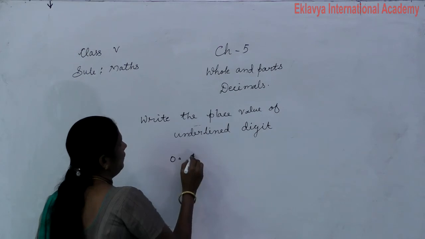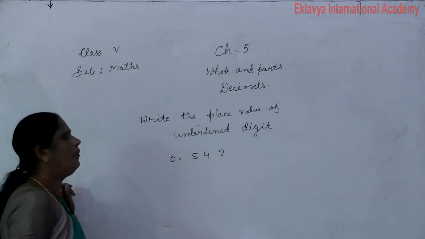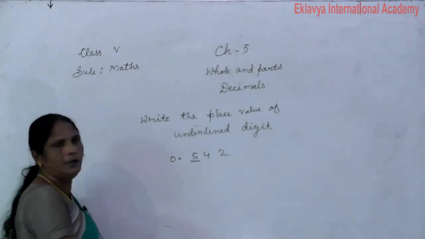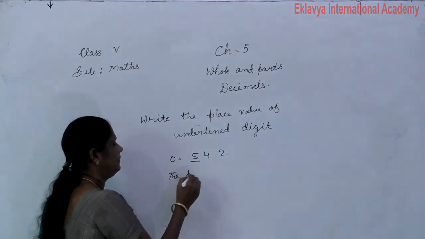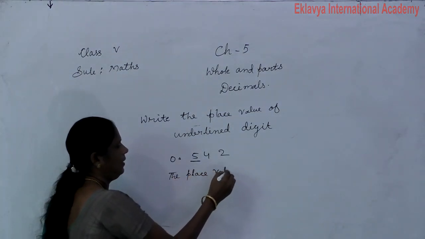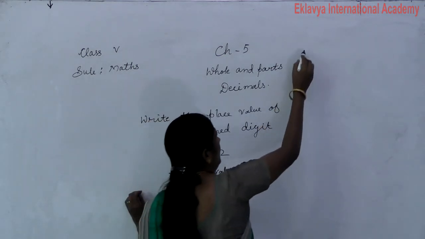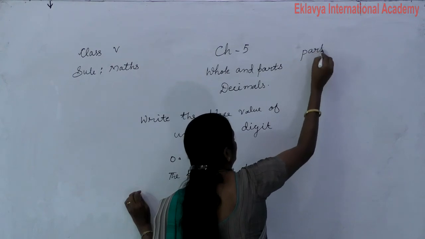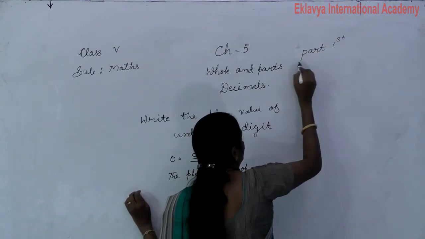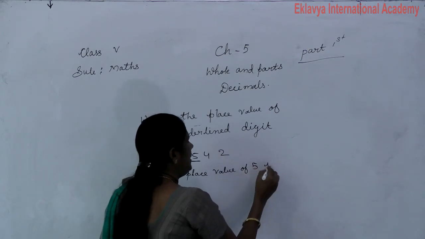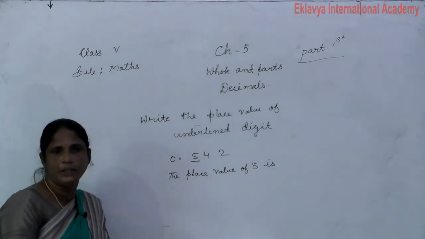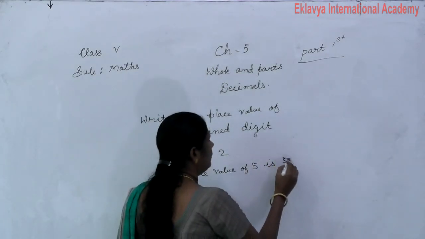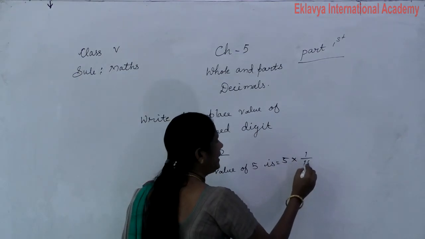0.542. What is the place value of 5? The place value of 5 is, in which part is the 5 sitting? In the decimal part, that is the 10th place. 5 multiplied by 1 by 10.